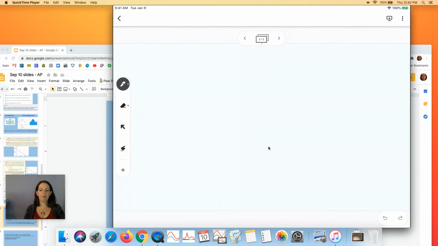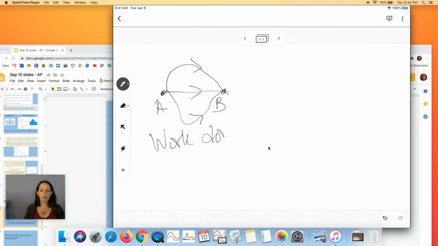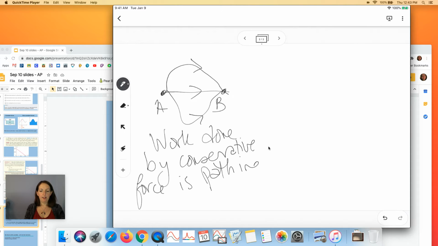Another thing is if I go from point A to point B, and I do this, or I do this, or I do this, the work done by a conservative force is path independent.